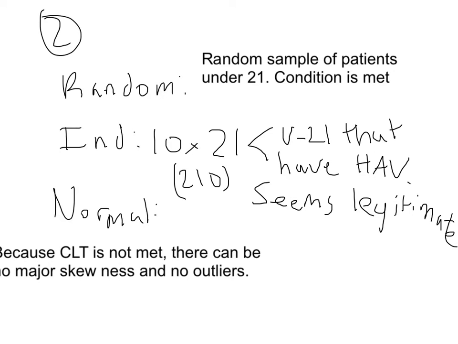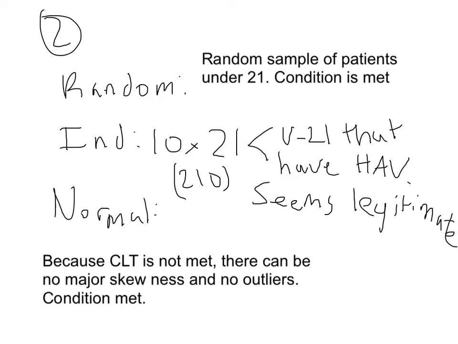And then afterwards, of course, because of the last sentence, condition met. In this case, we do not need to actually draw out a graph because they tell you in the problem that the normality condition is met.